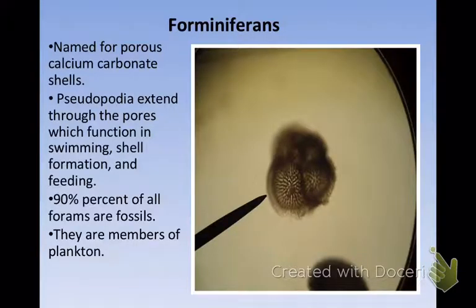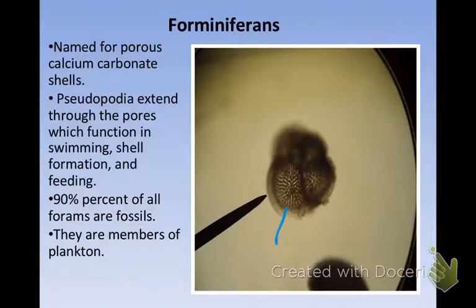So the foraminiferans have a calcium carbonate shell, or test, T-E-S-T, is another common name for the shell. And you can see that the test is perforated, so the organism can extend pseudopods through those pores, which can be used for locomotion and feeding, so food particles will attach to them.